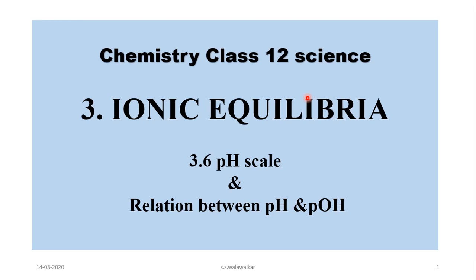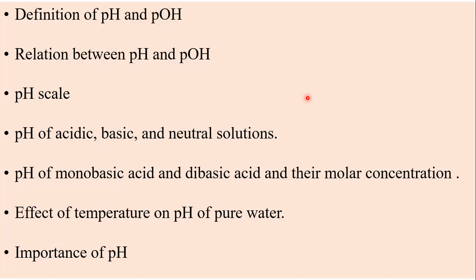Today we will discuss the pH scale and the relation between pH and pOH. In this lecture, first we will study the definitions of pH and pOH, then the relation between pH and pOH, then the pH scale, then the pH of acidic, basic and neutral solutions, and the pH of monobasic acids.